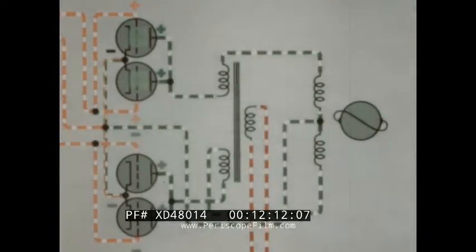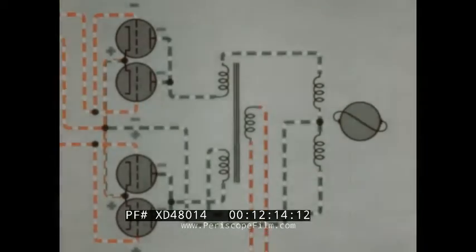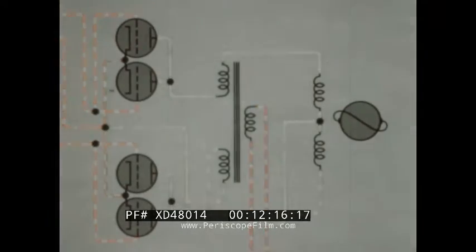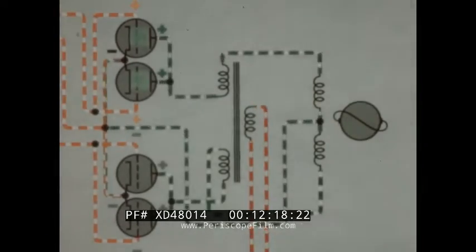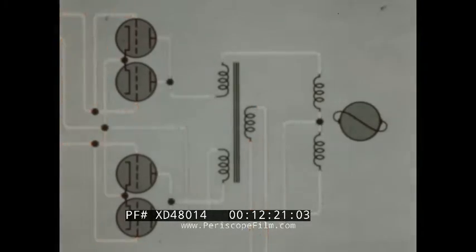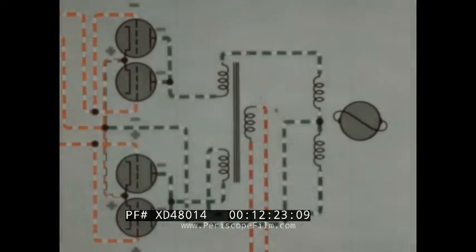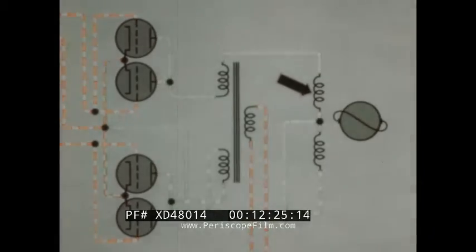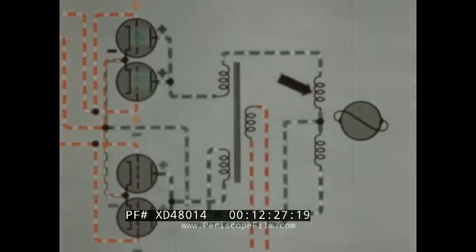Resuming the alternations of the AC supply, note that the current through the upper tubes flows only during the moments in which their plates are positive. This gives a pulsating current through the field coil, which is not desirable.